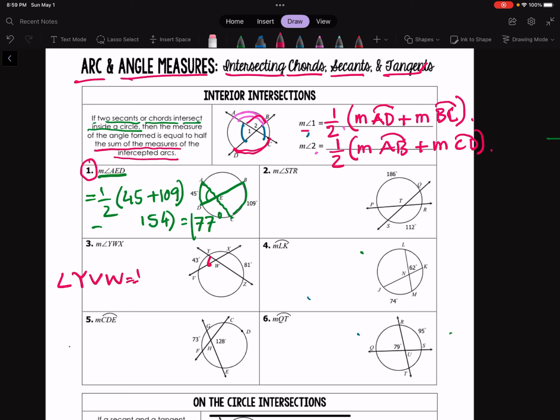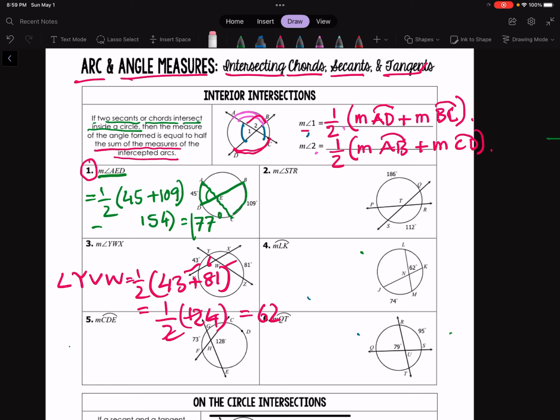That should be half of 43 plus 81, so you get 124. Once you divide it, you get 62.